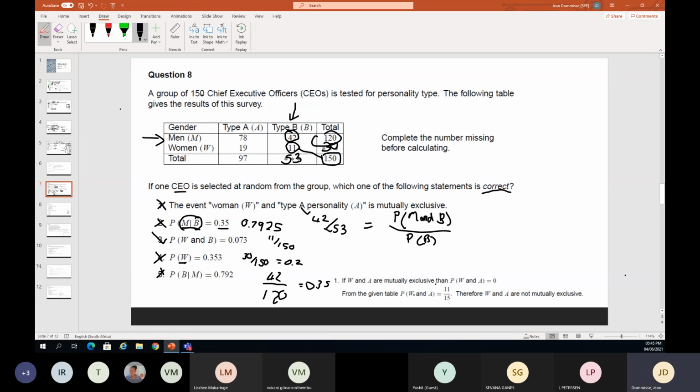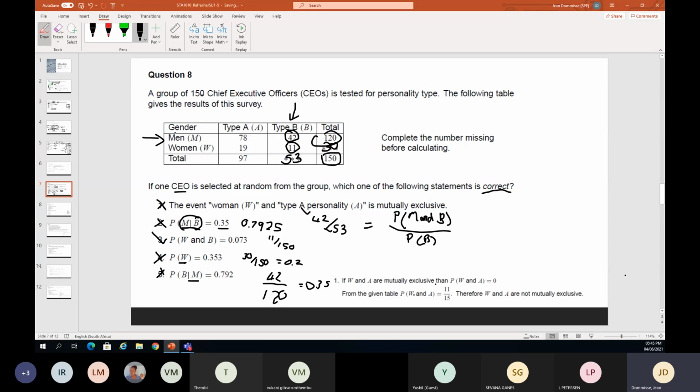Okay, Tembi, yes, please ask. Okay, I'm not sure about number 5, the last one, because it's B and M. I thought the 120 is for only M. So I would have said 42 divided by 150, so I don't understand it. Okay, so it is: what is the probability that you are type B given that you are a man?